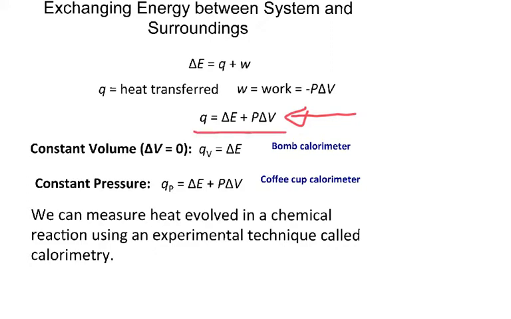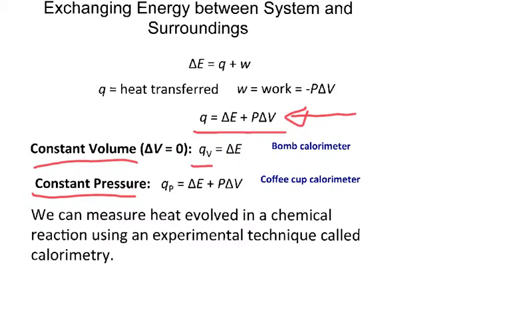So we're going to look at the heat transferred under a condition of constant volume and under constant pressure. At constant volume, the change in volume, V final minus V initial, will be 0 because V final and V initial are the same value. So Q, the heat transferred under constant volume, is equal to the change in internal energy.